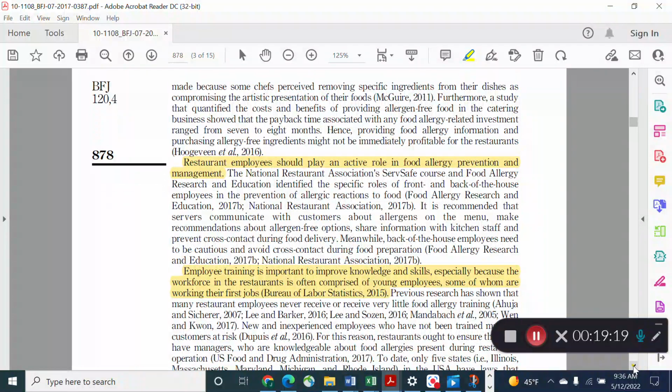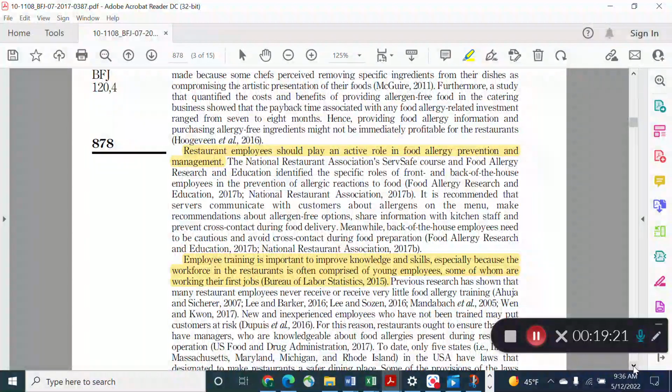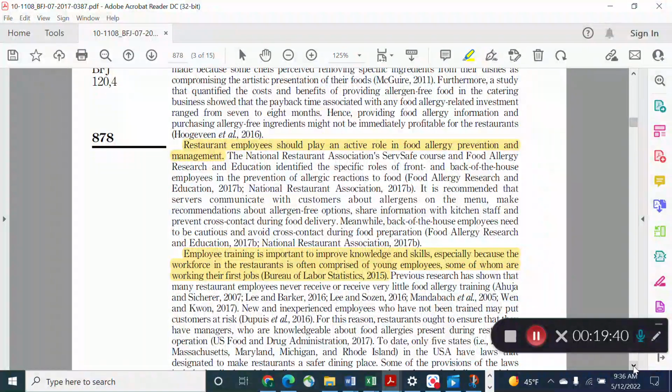And then the next sentence, restaurant employees should play an active role in food allergy prevention and management. And so there's a paragraph about that. And so we're like, who in this food industry is really responsible for looking at these issues within the food industry.